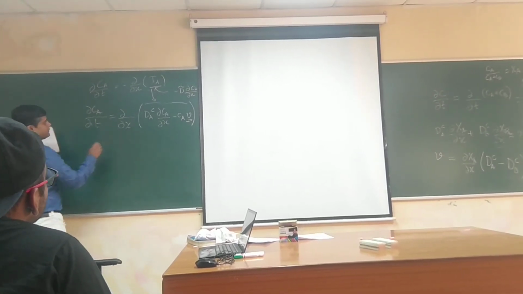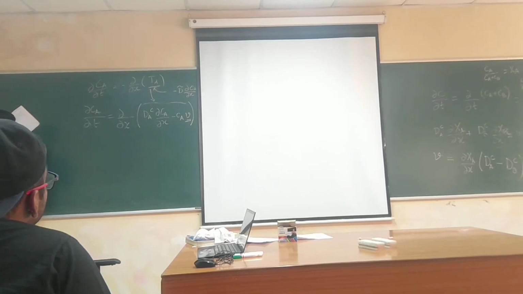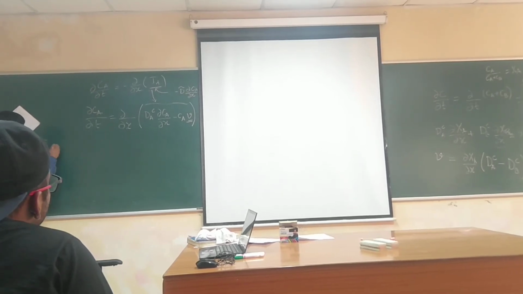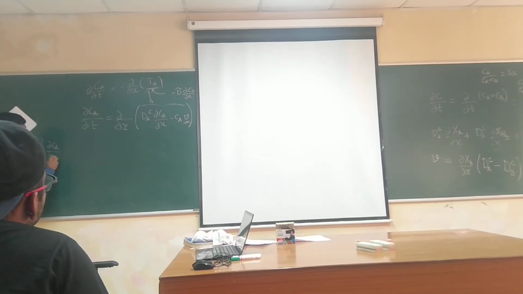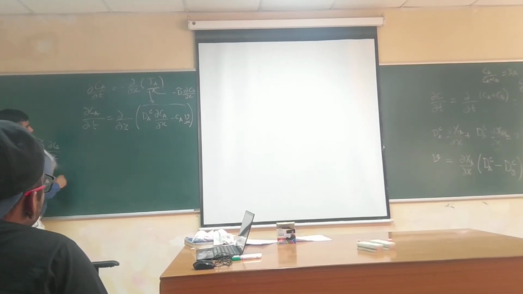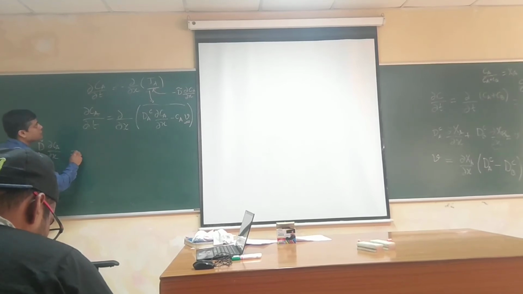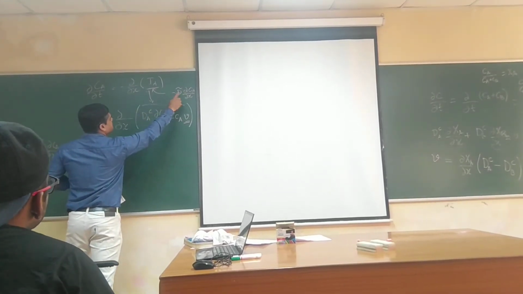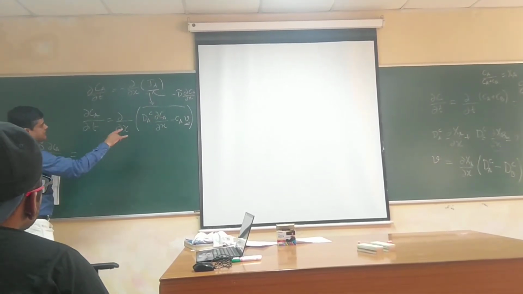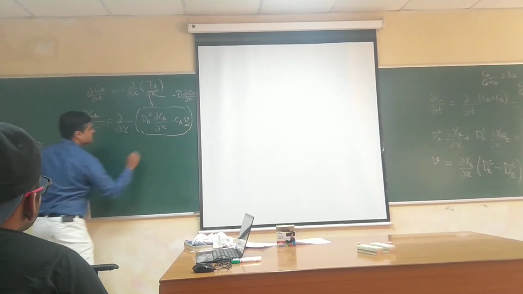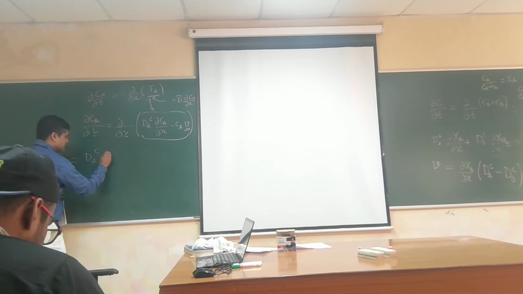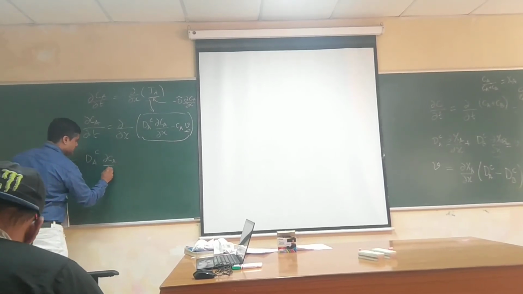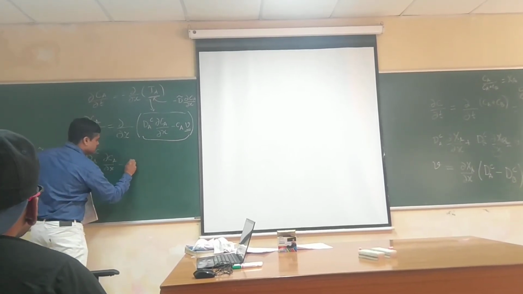So we have then D tilde del C del X, so this minus and this minus will be positive. D tilde del C del X should be equal to DSC del C del X minus CA.